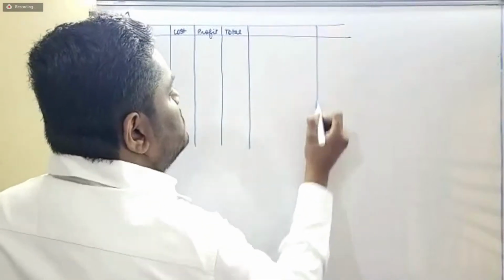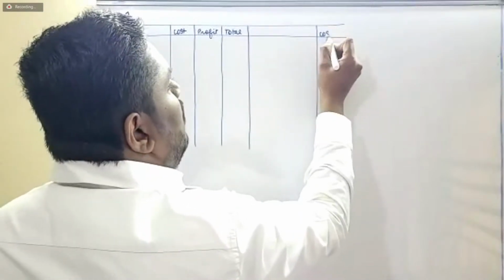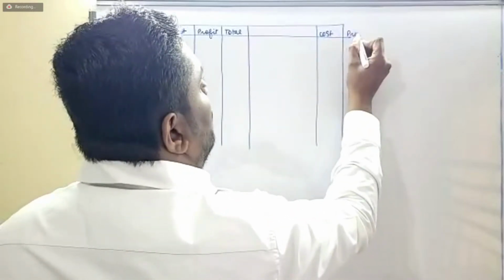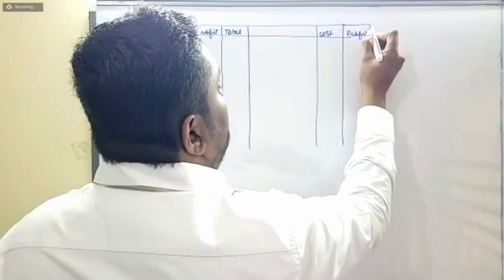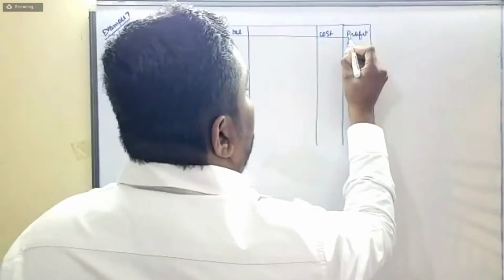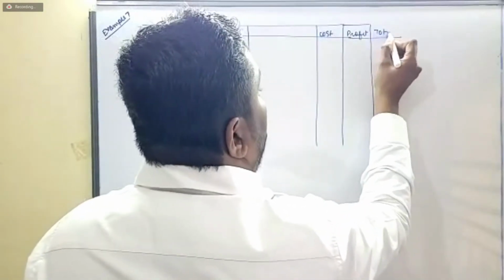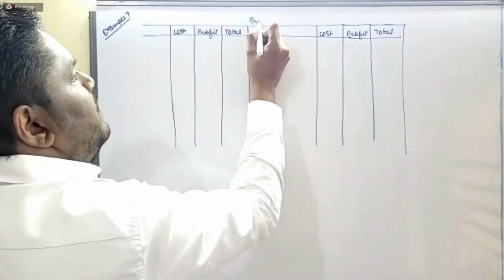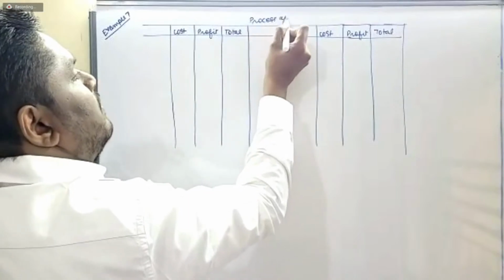Similarly, on the credit side also, cost, profit, and total. So this is how a process account is prepared.